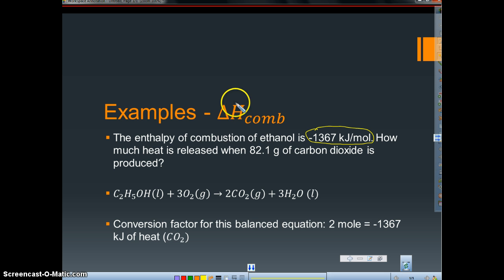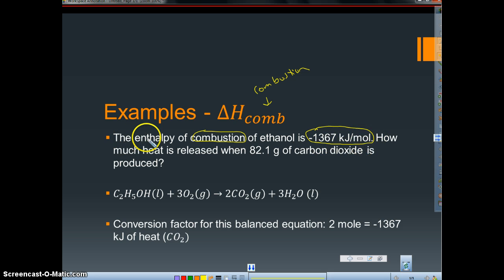So here we have delta H of COMB, which means combustion, and that'll be noted in the problem that you're combusting something. It tells us that delta H value is negative 1,367.